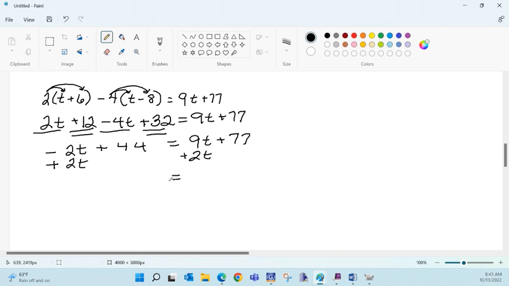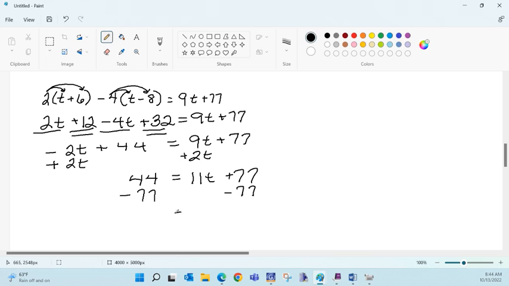So then when it simplifies, it looks like what? It'd be 44, right? 11t plus 77. Okay, all right, so then we have that. And then we do what? Minus 77, sure, because you're trying to get things away from the t.